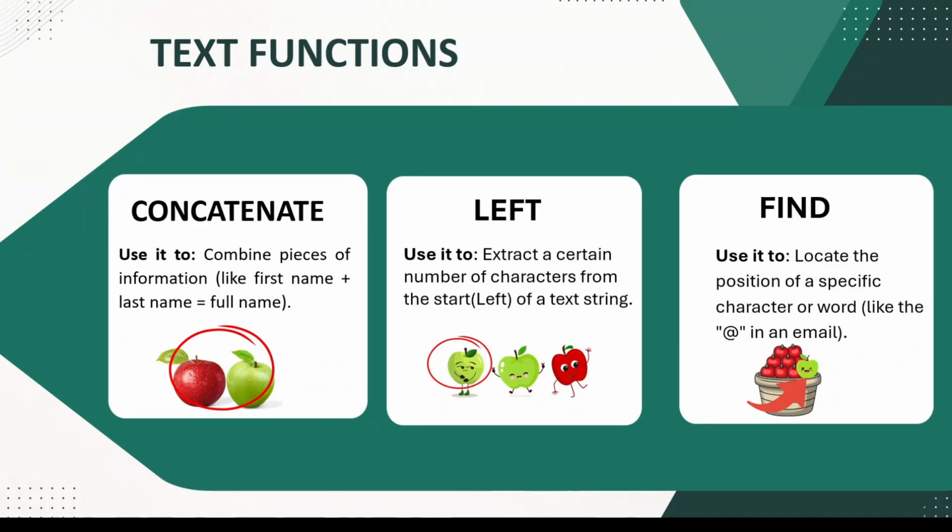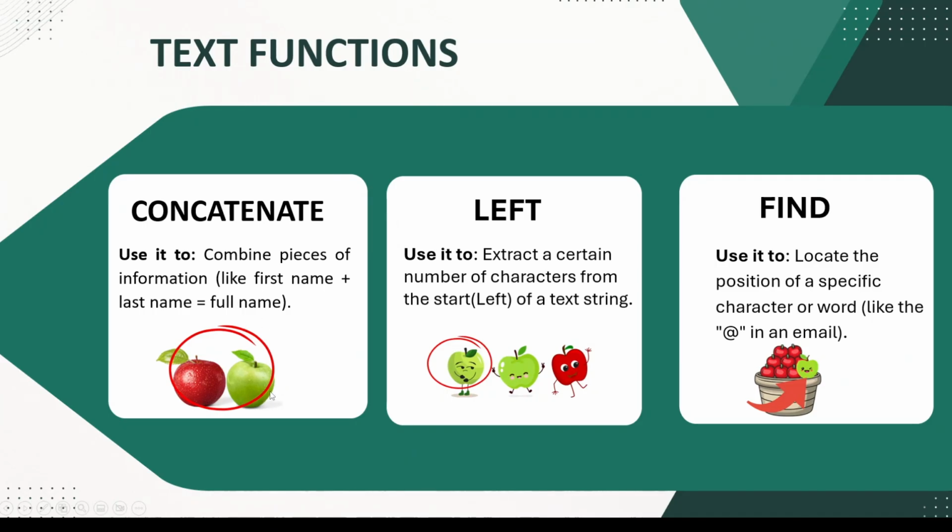So concatenate, combine. This text function is used to combine pieces of information like first name and last name to make the full name. In this example, we have 2 different apples just put together right there. Yes, ladies and gentlemen, just like that.